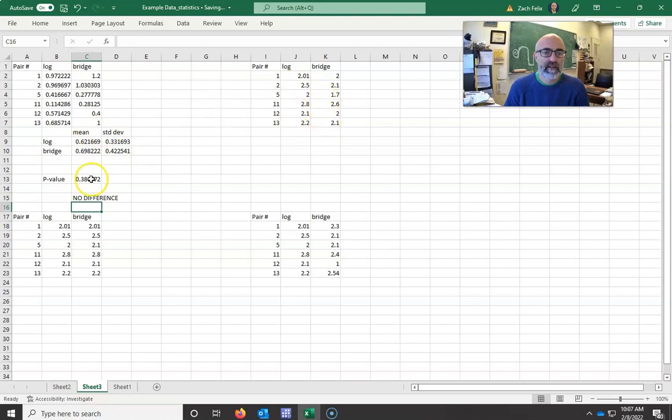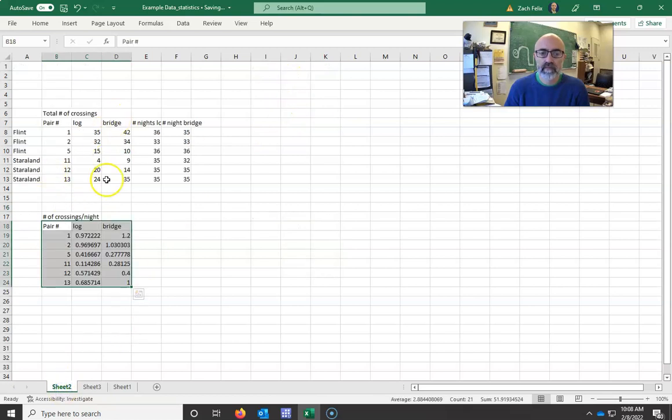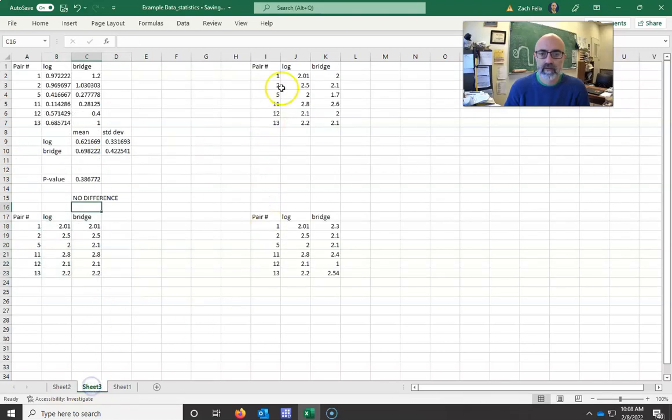Okay. Now, here are some other theoretical data sets. These are not, well, I mean, I guess we could have 2 animals crossing per night. Pretty high numbers, but regardless, you will come from here with your data.